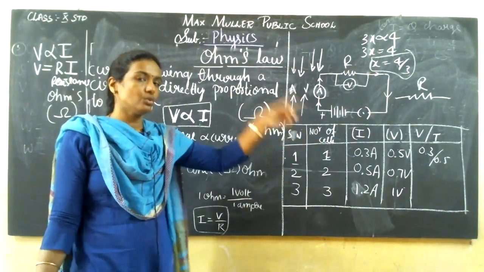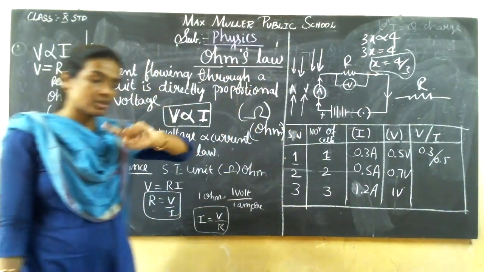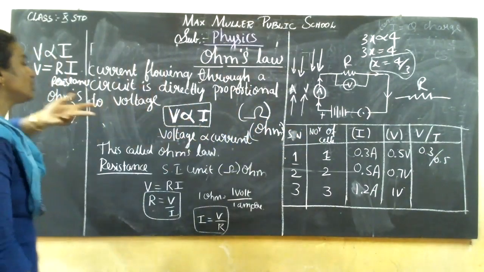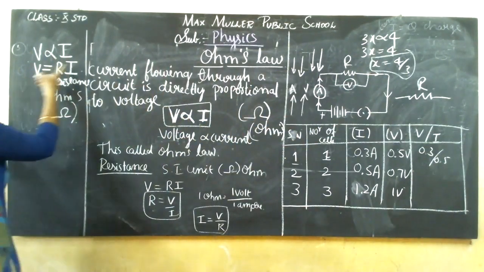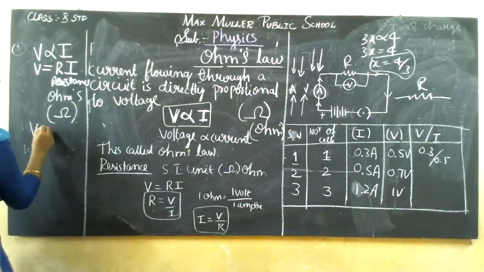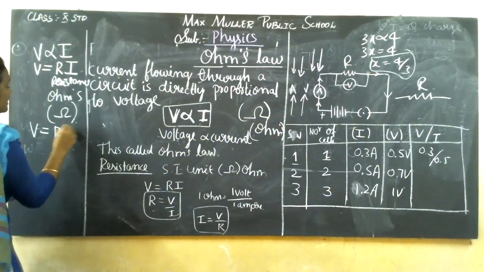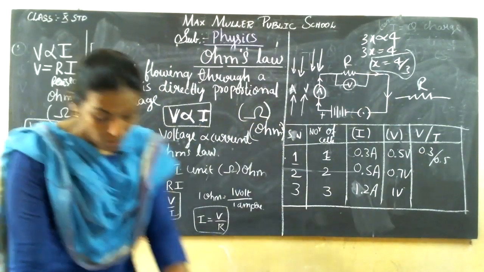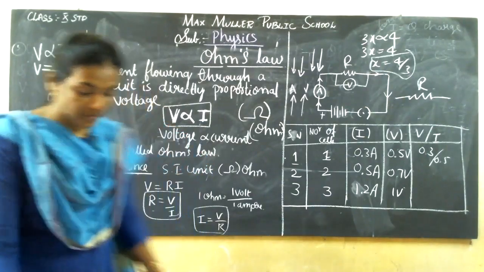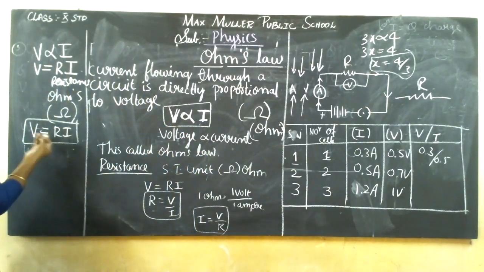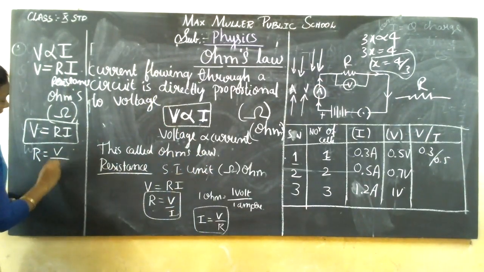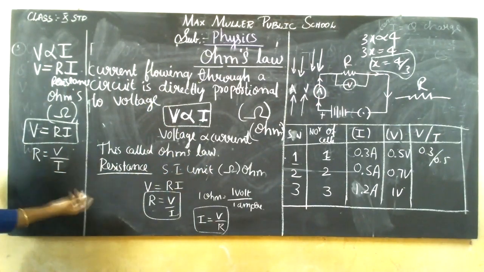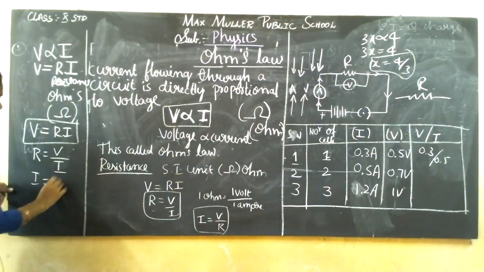As I explained before while explaining about current and voltmeter, you can interchange these values. Our basic formula is V is equal to RI. This is Ohm's law. If you get the values of V and I and need to find R, then R is equal to V by I. Or else you can write I is equal to V by R also.